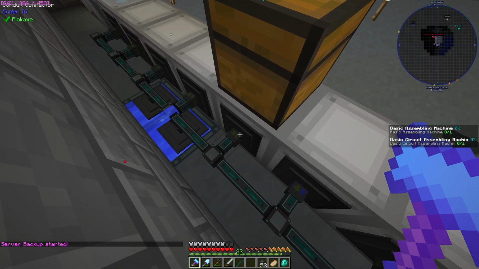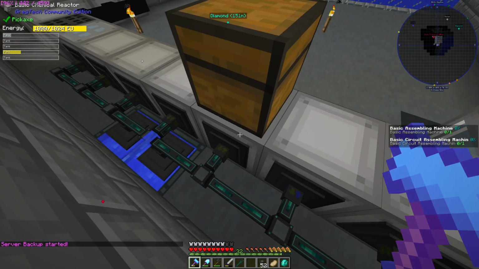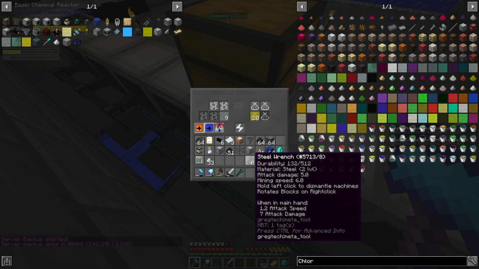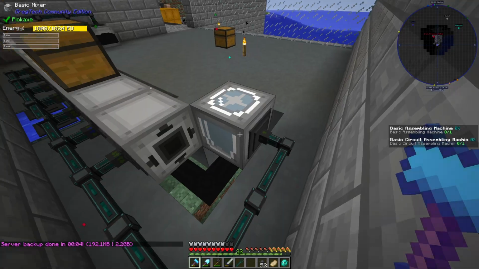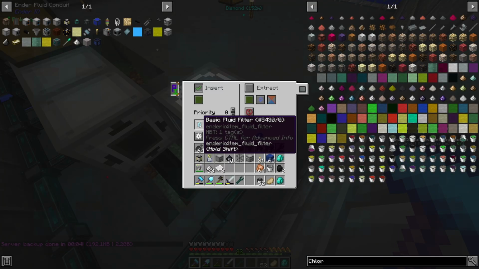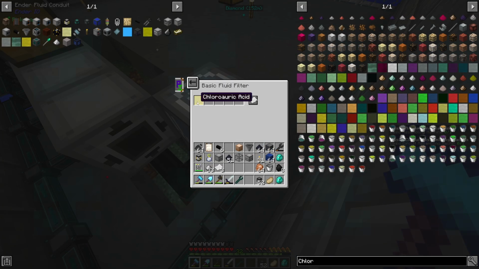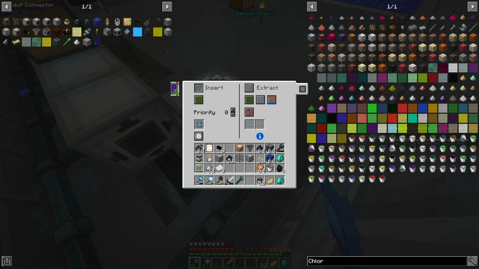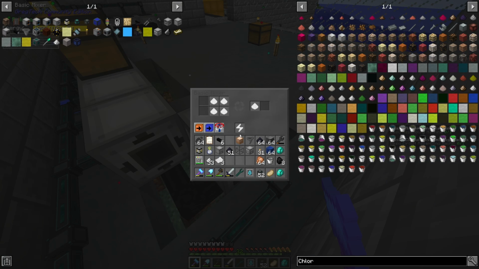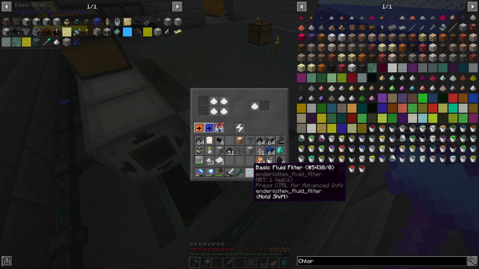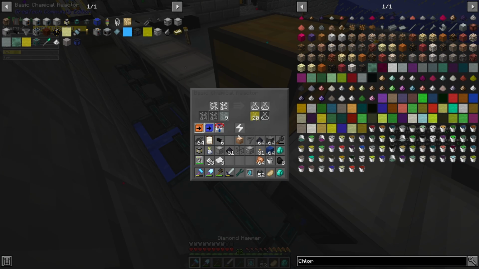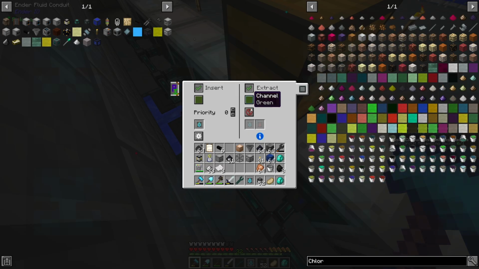Insert hydrochloric acid. I want to extract chloroauric. Do I need to get another filter just for that? That seems silly, because we have the insert here. What if I take this off? Does anything happen? What if I put this in the insert or the extract side?